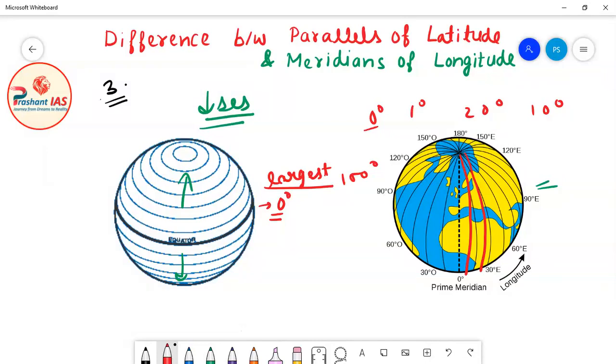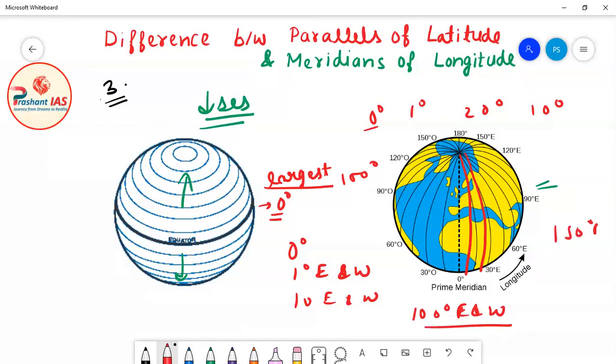You can say that the size of 0 degree longitude, 1 degree east and 1 degree west, 10 degree east and 10 degree west, 100 degree east and 100 degree west, 150 degree east and 150 degree west, the size of all the meridians of longitude is the same. So this is the difference: the size of all the parallels of latitude is not the same.